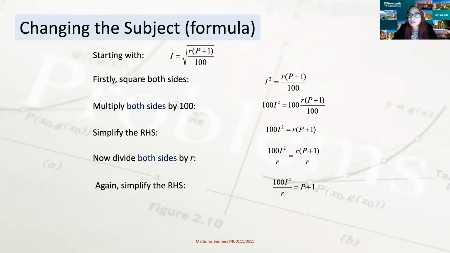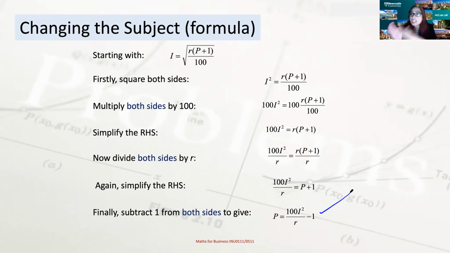Now P is almost alone, and you can subtract 1 on both sides and then P is free. That's it, and there we got the formula. Now we can substitute the value of I, substitute the value of R, and find the value of P. So that's how we change the subject from I to P.